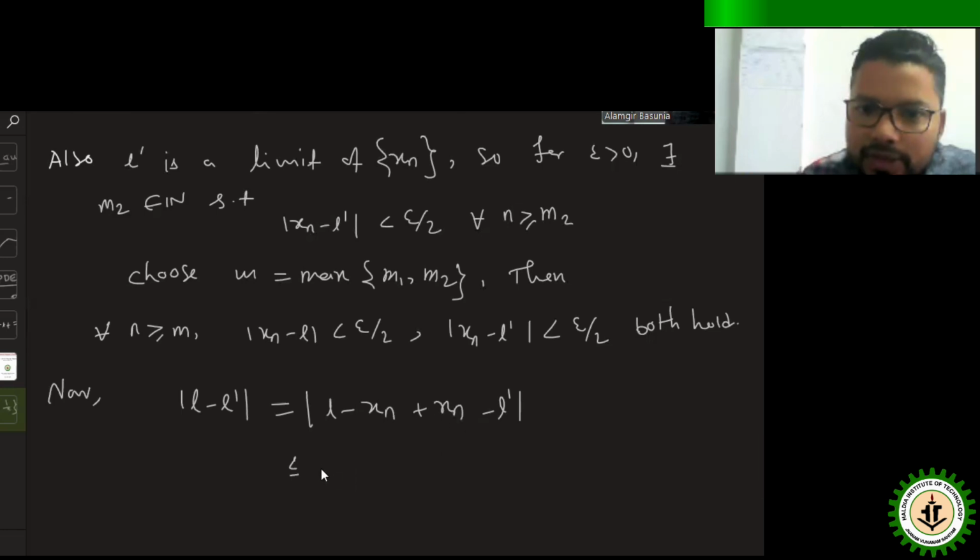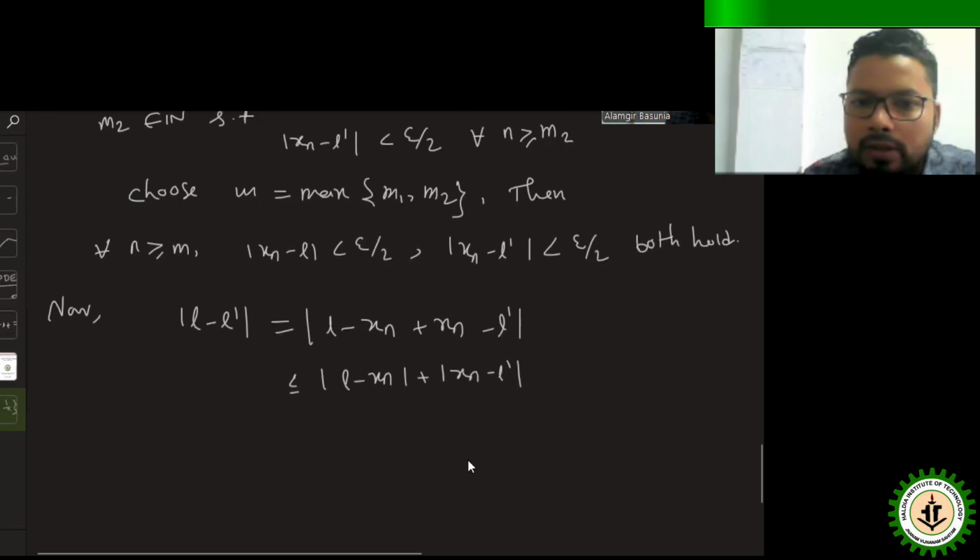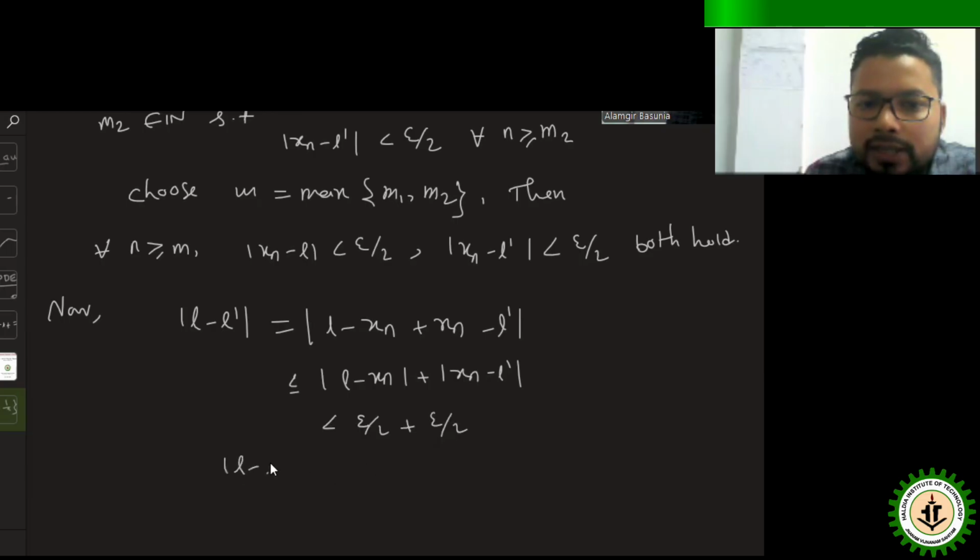Then we can write it as two terms: this one is less than epsilon by 2, and this one is also less than epsilon by 2. So we can say mod L minus L prime is less than epsilon.